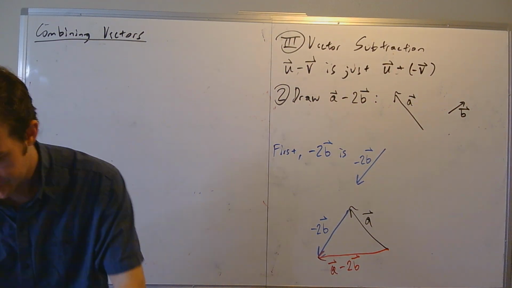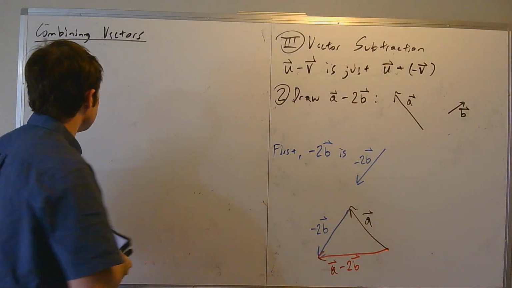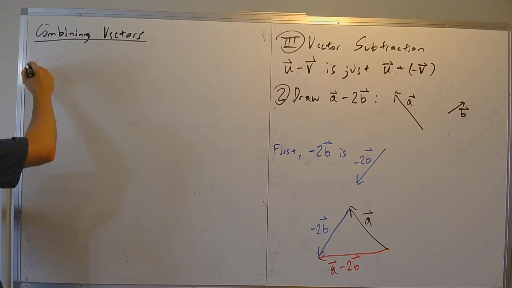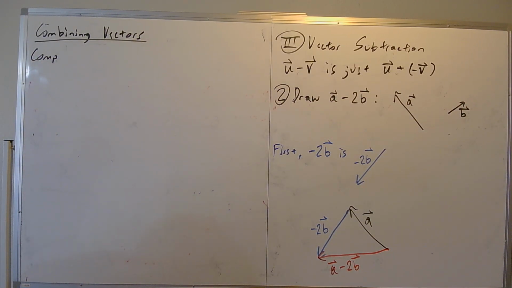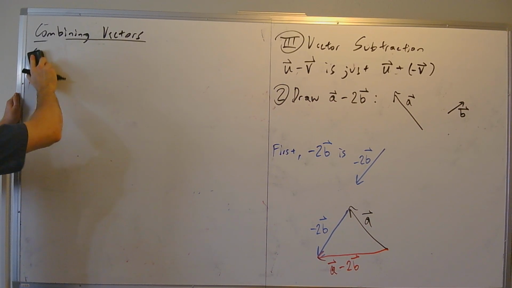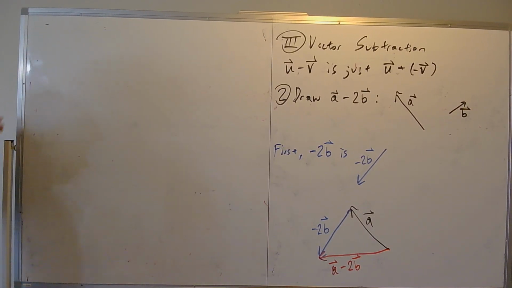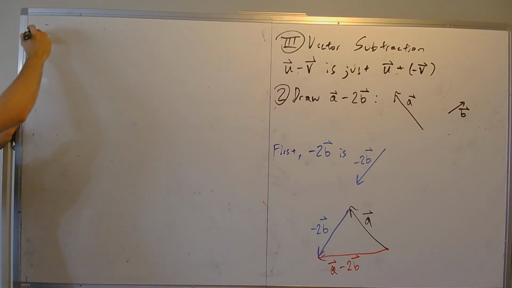Okay. So the next thing is components. Sorry. We're done with that section. The next thing is components of a vector.